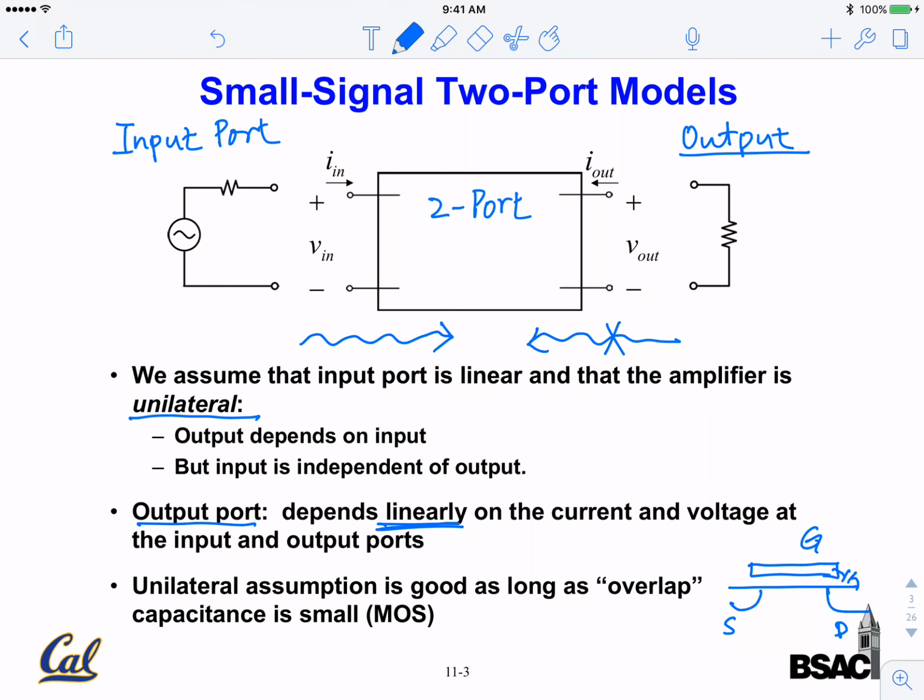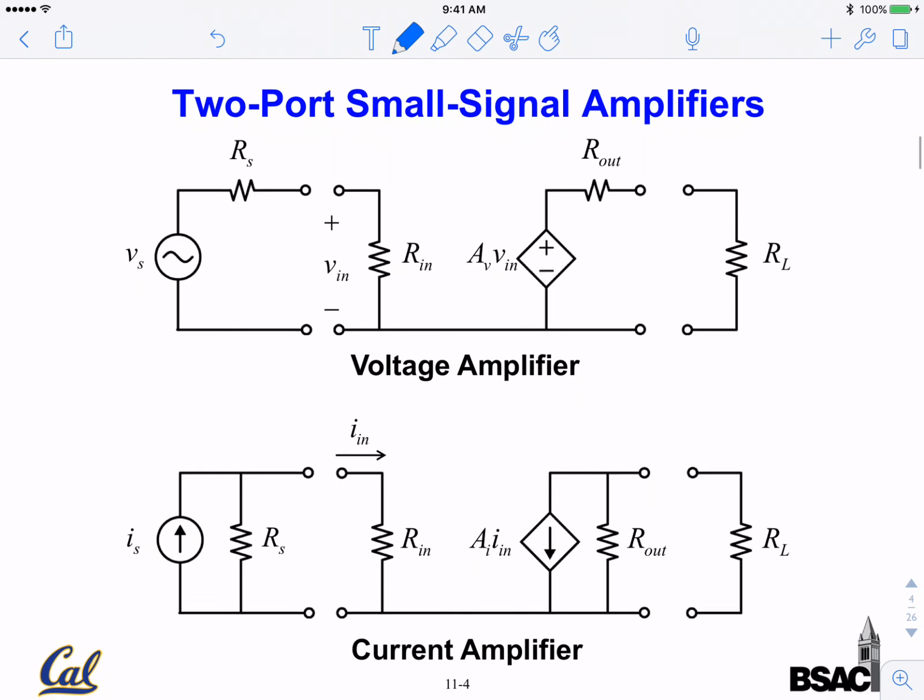While you are feeding your input to the gate, thinking you are really changing VGS, that signal also couples through to the drain, which is often the output, through this coupling capacitance. We'll talk about the impact of that when we describe in detail the frequency response of the biasing circuit. For now, for most of the analysis, we're just going to assume the circuit is unilateral. Okay. So far, so good.